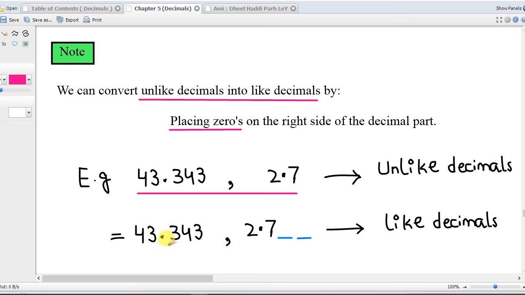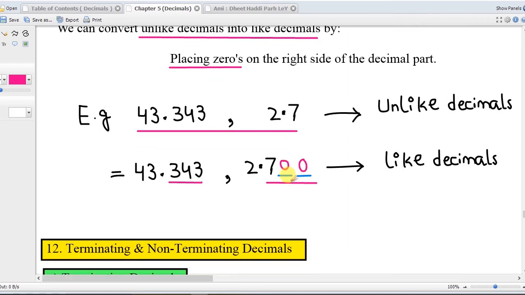Here we can see the maximum number of digits is 3 digits, 343, and over here this is 2.7. So how can we make them like decimals? By placing zeros after the decimal point. Here you can see 3 digits in here, 3 digits in here. So now both of these numbers become like decimals from unlike decimals, right?